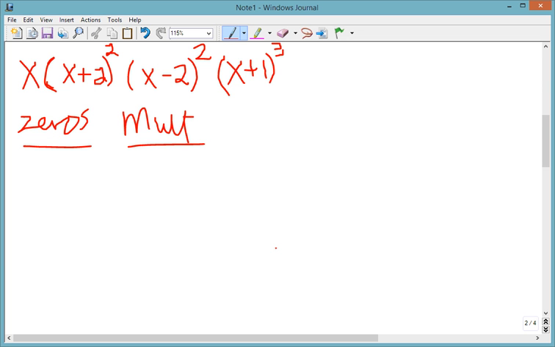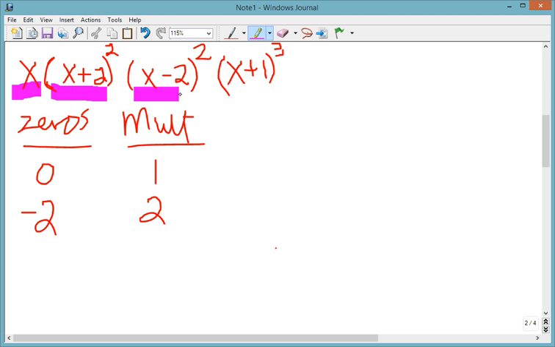Okay, so here we have the first factor is x. That means our 0 is 0, and it's to the first degree, so it has multiplicity of 1. Our second factor is x plus 2, so that means that our 0 is negative 2, and it's to the second degree, so multiplicity is 2.